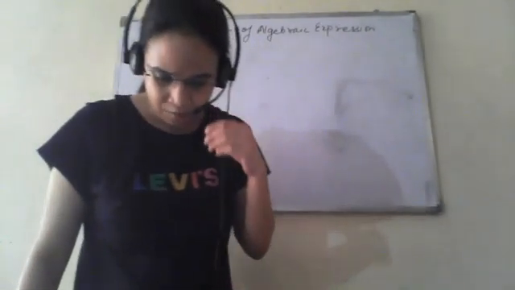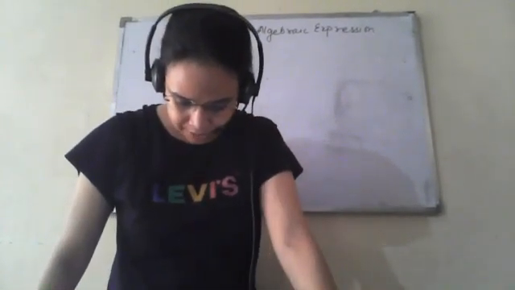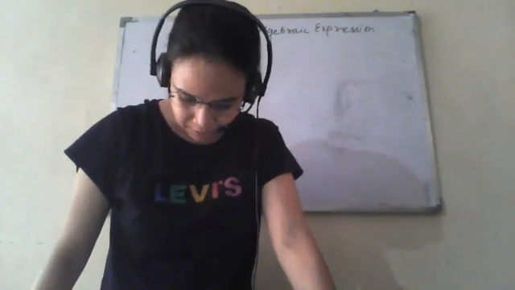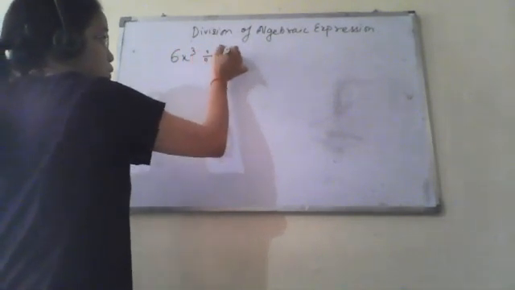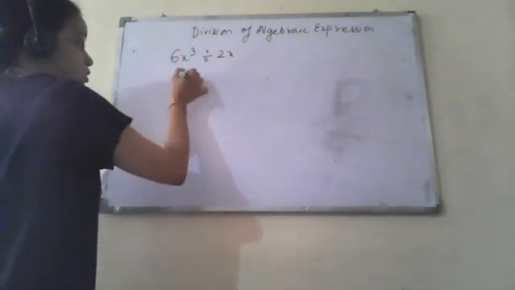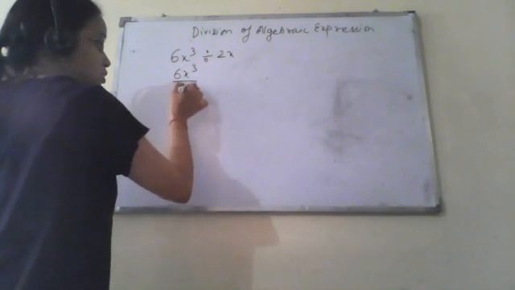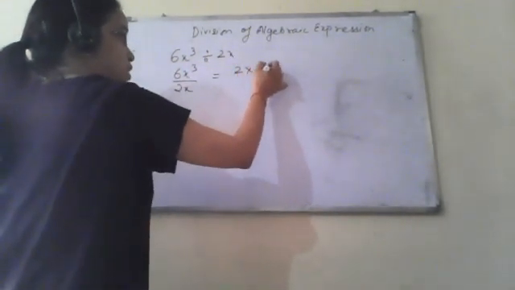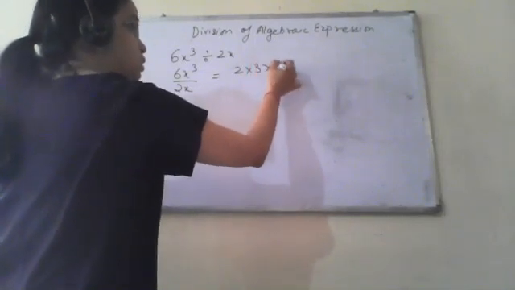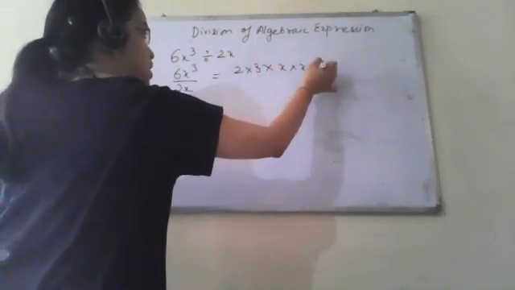Okay. Now take an example, like we have to divide 6x cube by 2x. Now this 6 we are going to write like this. 6 can be written as 2 into 3, and x cube as x into x into x.